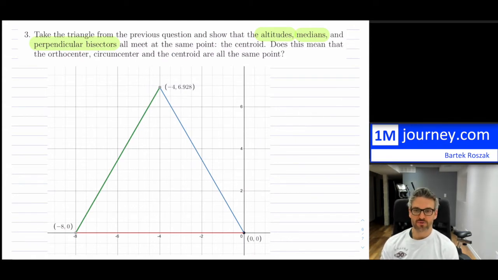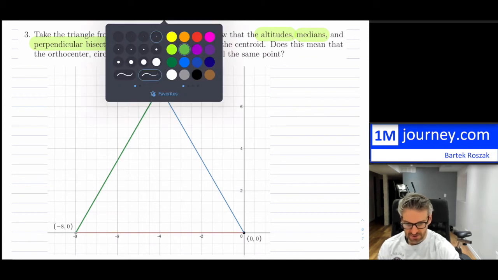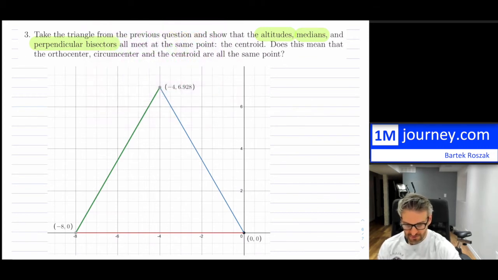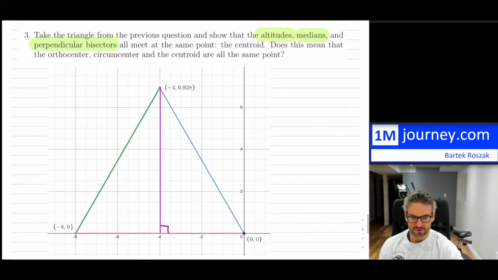Altitudes are created from a vertex of a polygon that creates a 90-degree angle with the opposite side. And as you can see here, so my altitudes, try to switch the colors here. So here's from one of the vertex. Now 90 degrees is going to be straight down because it's an equilateral triangle. So it creates this. Now that's an altitude from that vertex.